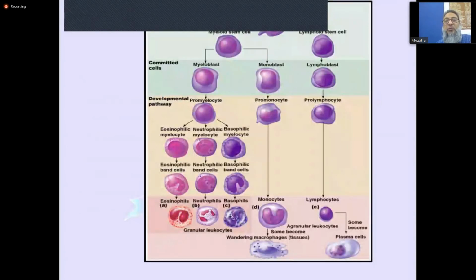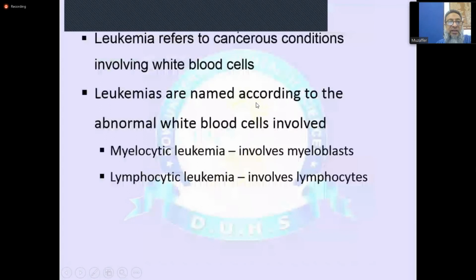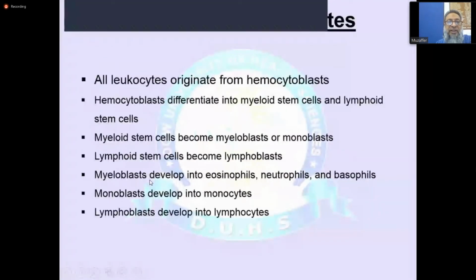We have two series, the myeloid stem cell and the lymphoid stem cell. And here, you can see, I am going back. Myeloblasts develop into eosinophil, neutrophil, and basophil. You can see here, this is the myeloblast.